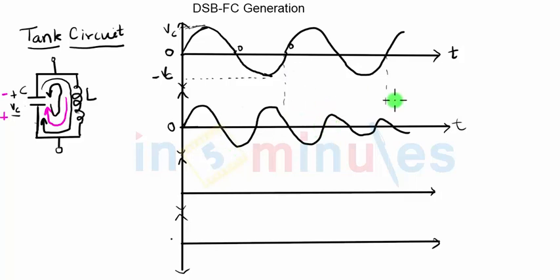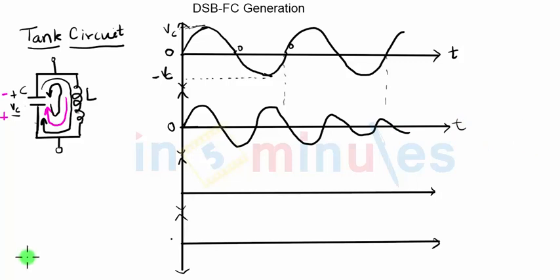The frequency of the second waveform is shown to be greater than the first waveform, which will not be the case otherwise. All we need to understand right now is that in any practical tank circuit, the amplitude of the signal will keep on reducing, and after a point of time the voltage across both the components will go down to zero.